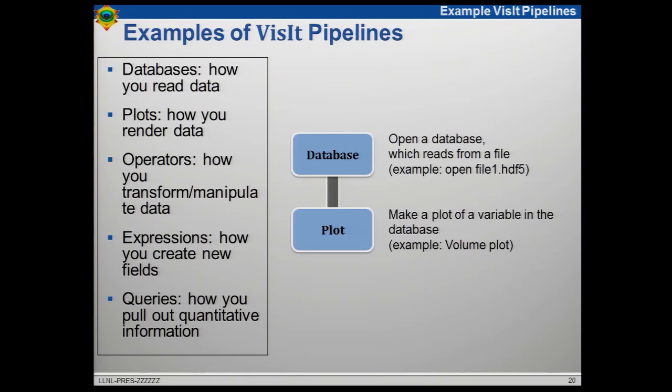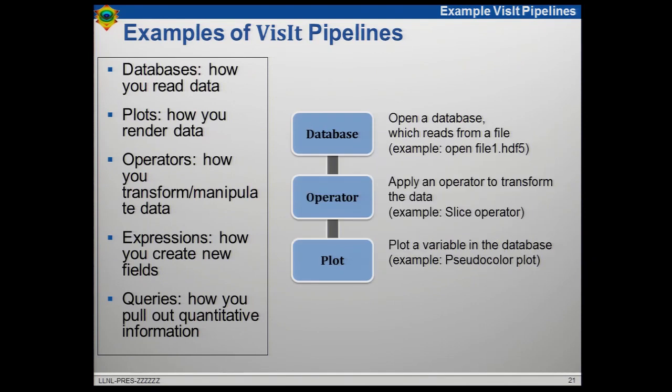So the operator will transform your data. For example, plotting a grid of data will show you the bounding box of your data. If you modify it with an isocontour operator, you will see the isocontour.